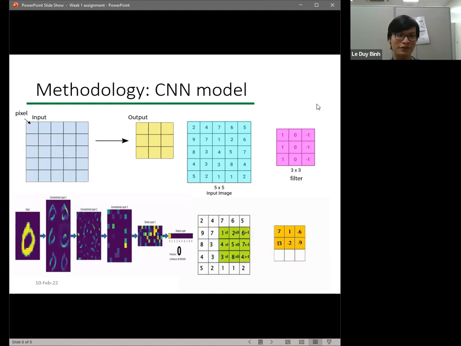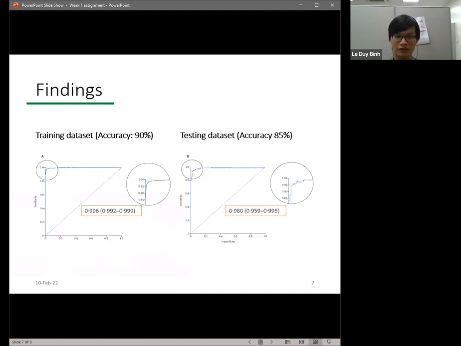Yeah. So we're using the same principle, and our model achieved really promising results. In the training data set, the accuracy is about 80% and the area under the curve is about 0.996.